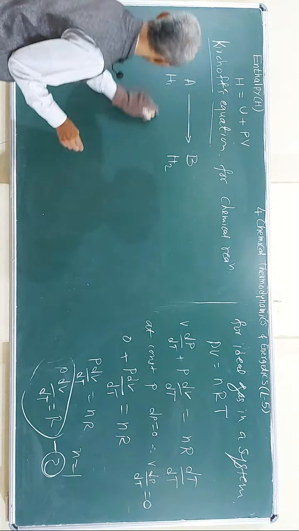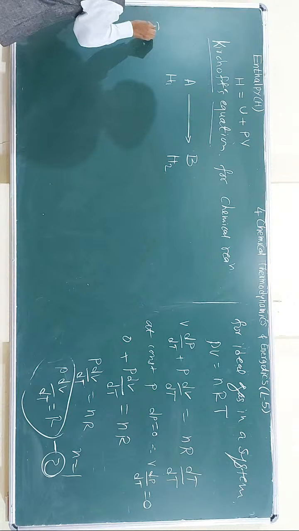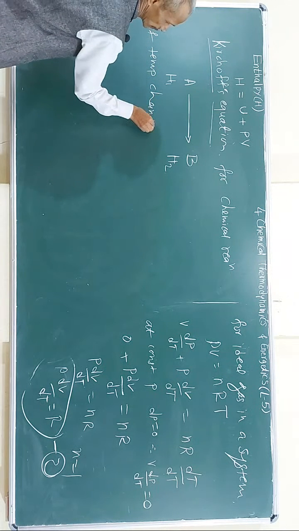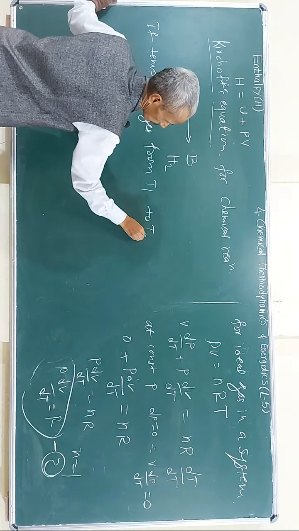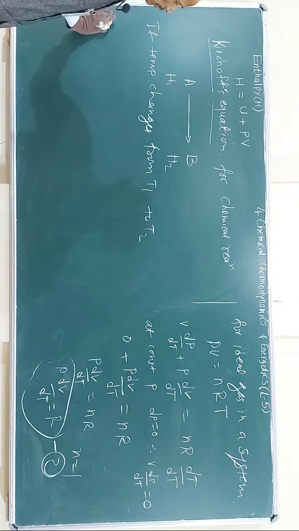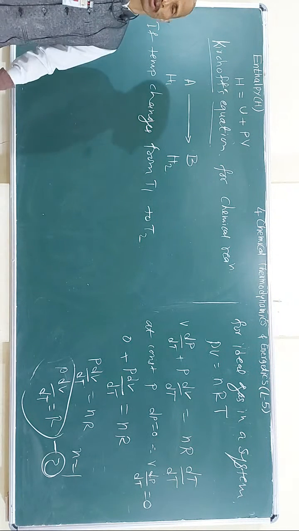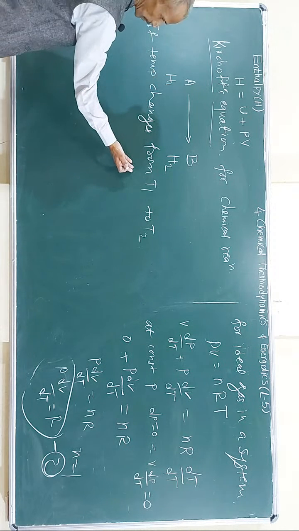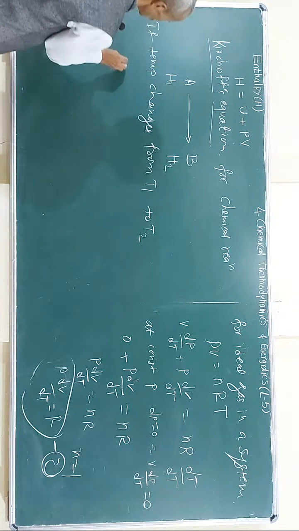If the temperature changes from T1 to T2, then what happens? As the temperature changes, the heat absorbed or heat content of the system is going to change. Therefore, one can differentiate these terms like this.